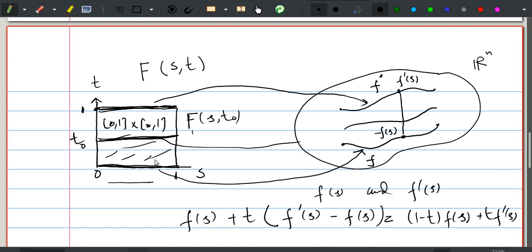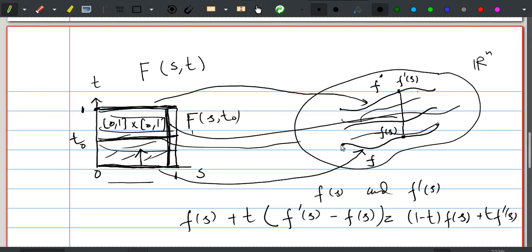When we move upwards, we get different curves. So actually there are infinitely many curves between these two curves. If we consider a vertical line segment over here, this vertical line segment is mapped to this vertical line segment. So for different intervals over here we get different maps between these two maps.